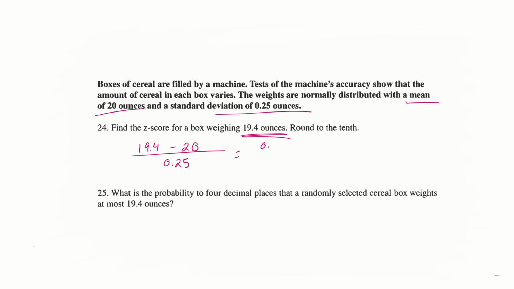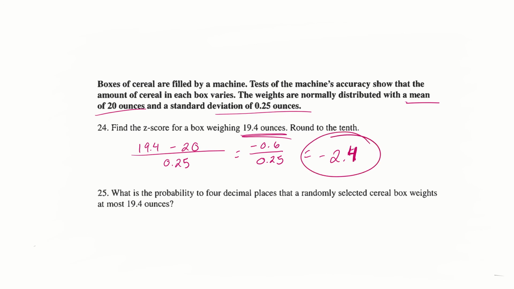So, we get negative 0.6 over 0.25. And we get negative 2.4 here. So that is my z-score.